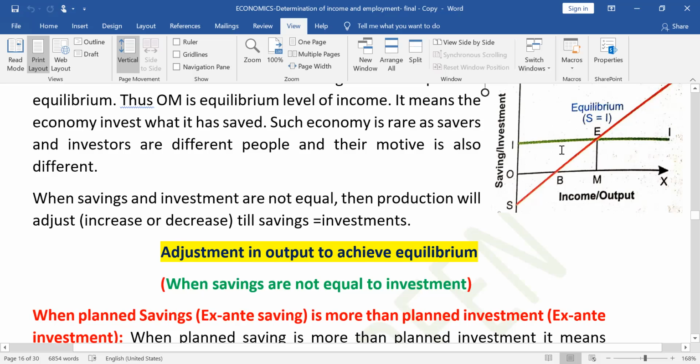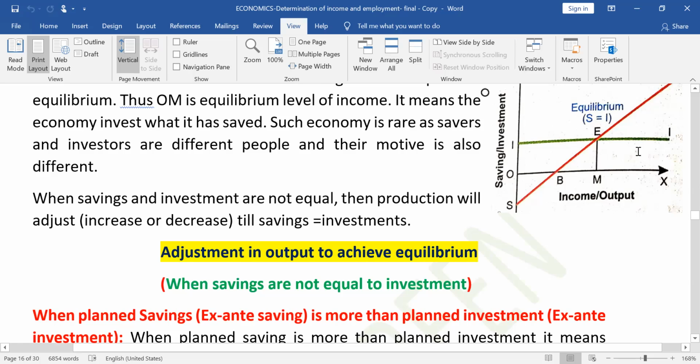When they employ more people, income, employment and output will increase. This process will continue till it reaches a point where saving and investment are equal, or aggregate demand is equal to aggregate supply.